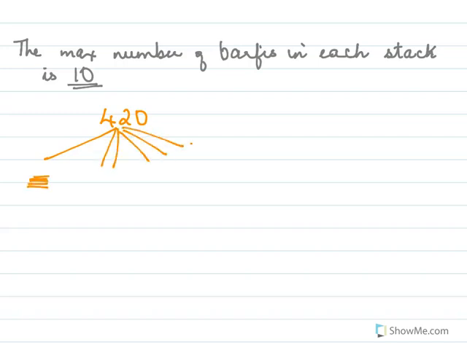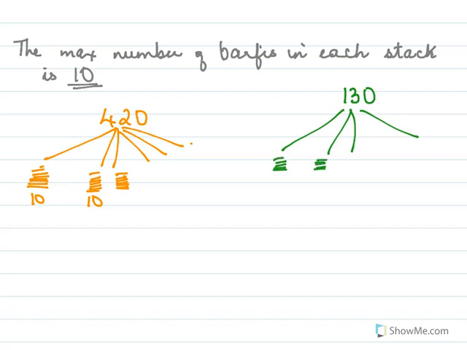Each one will have like 10 of them here. This will be another 10, another 10, and the 130 also are divided into many stacks, and each stack will have 10 of them, so they'll be of the same height. 10 burfis kept one over the other.